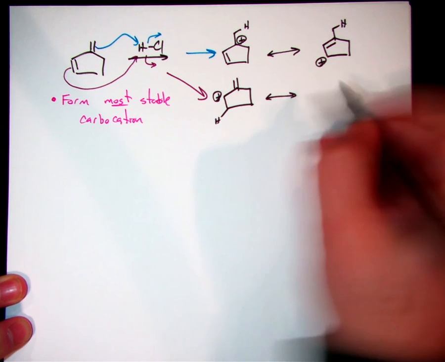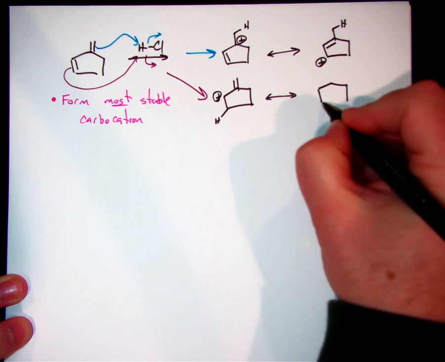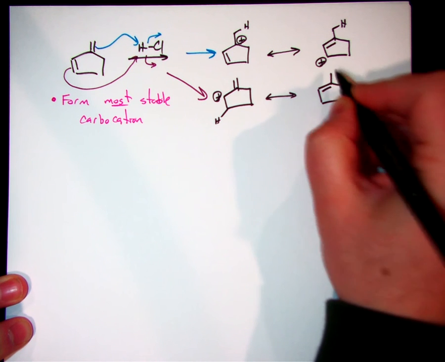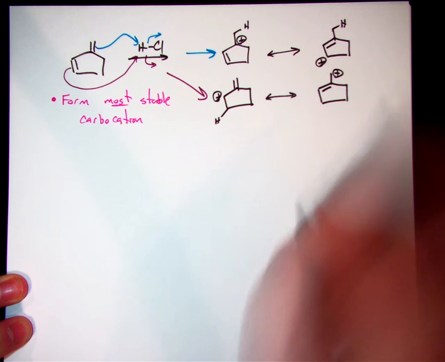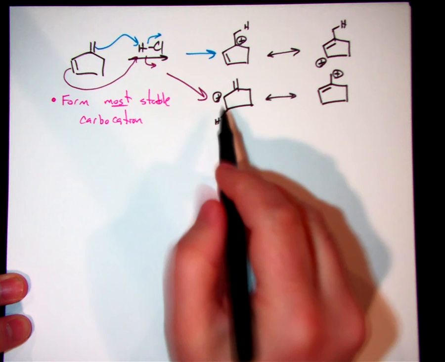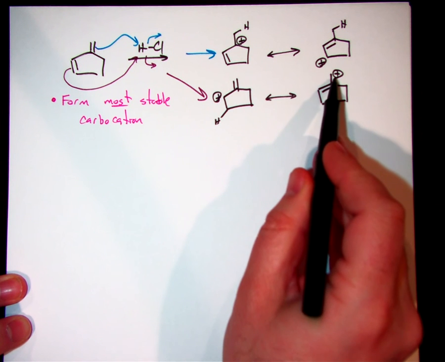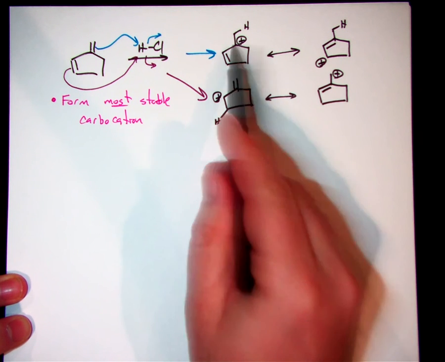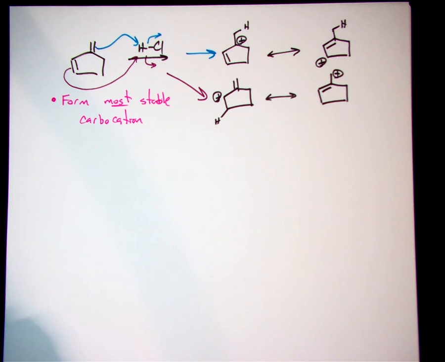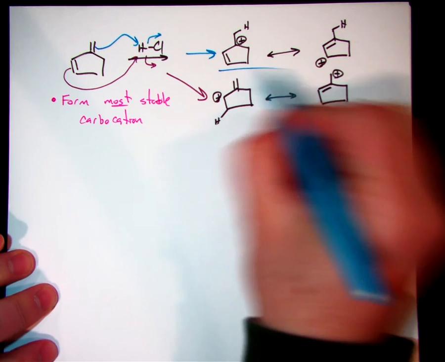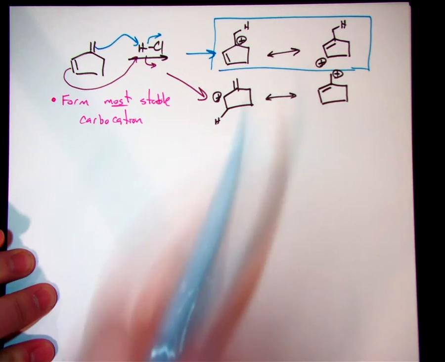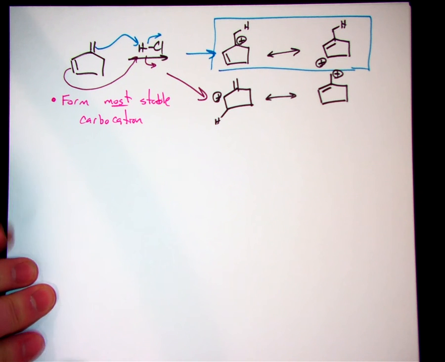Its resonance structure looks like this. So the second case, we're sharing the carbocation between a secondary and a primary carbon. The first one, we're sharing between a tertiary and a secondary. I like the first one a lot better. This is a more stable carbocation. That's the one that we want to use.